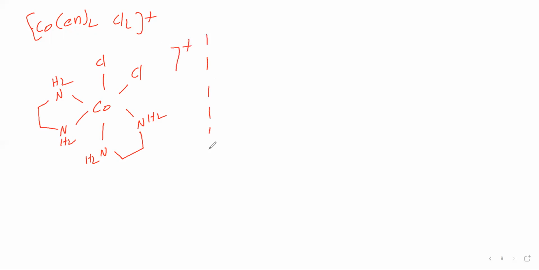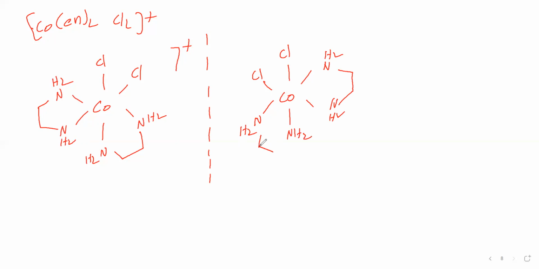For this I will write the mirror image: Cl, Cl, then NH2 NH2 ethylene diamine, NH2 NH2 ethylene diamine. Okay, net charge plus. Now this Cl is adjacent to this Cl, therefore it is cis.